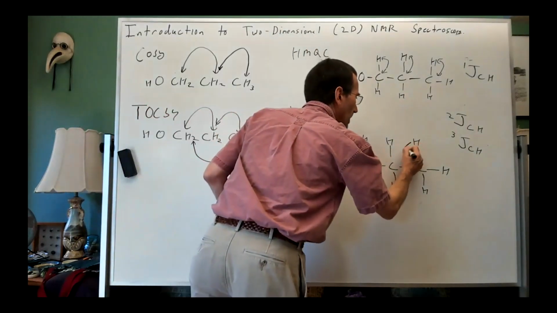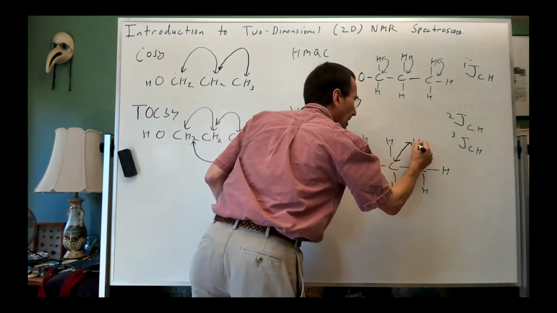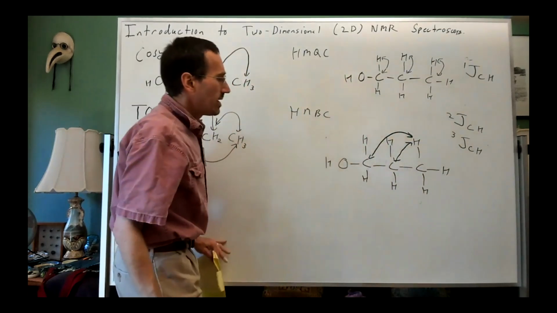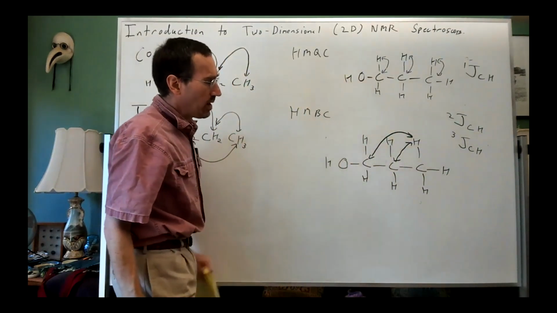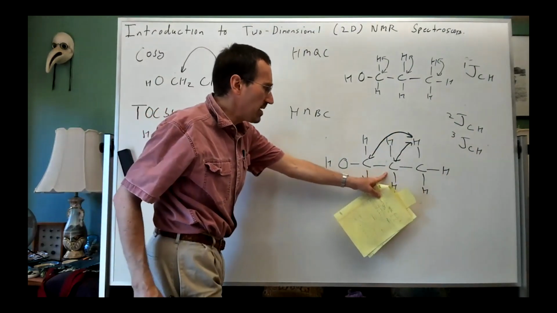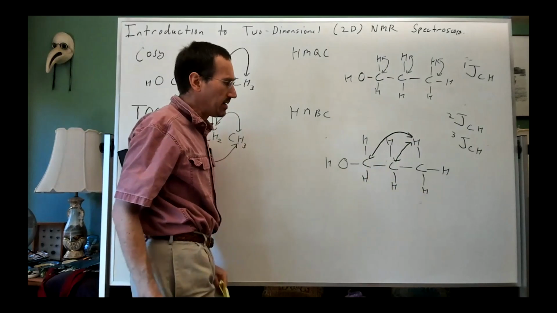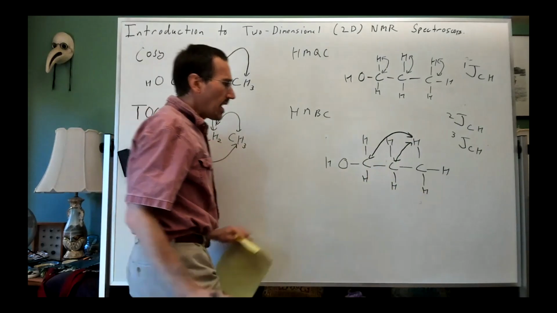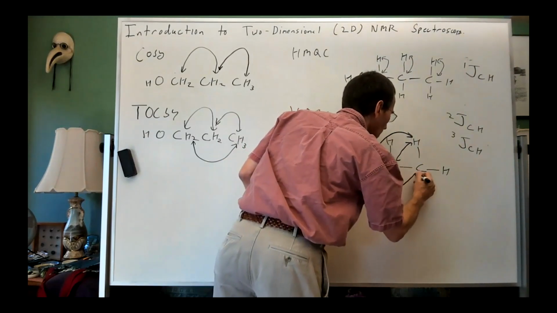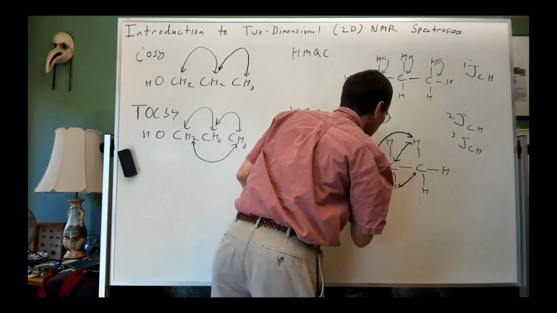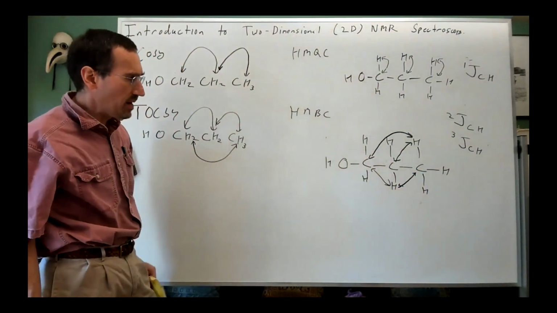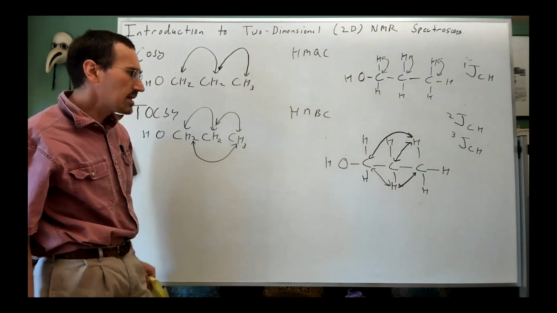But the way I'm going to diagram this out is as follows, where the hydrogen on the methyl group is correlating with the carbons that are 2 and 3 bonds away. The hydrogen on the methylene group is correlating, in this case, we only have 2 and 3 bond couplings.